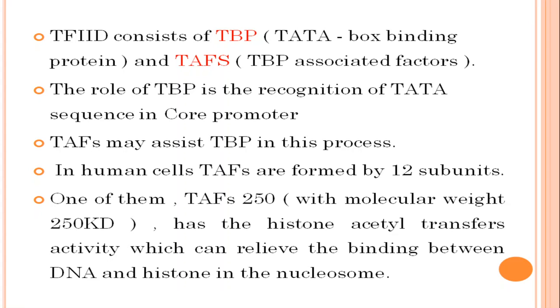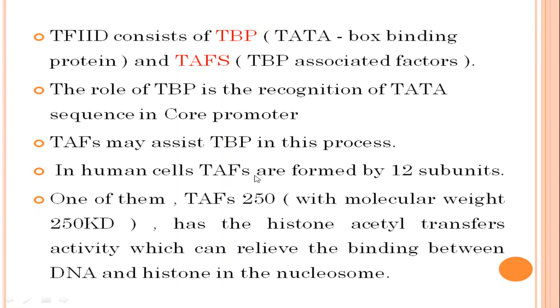As we have seen in the structure of the core promoter, there was a TATA sequence located at -25 to -35 upstream to the transcription start site. The role of the TATA binding protein is the recognition of the TATA sequence in the core promoter. And these other TAFs assist TBP in this process.